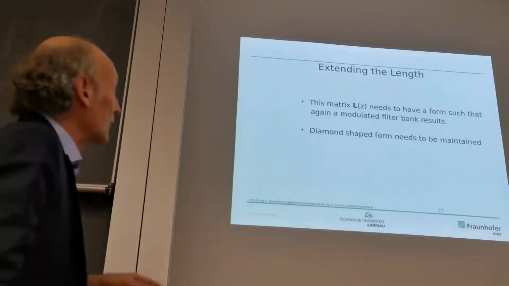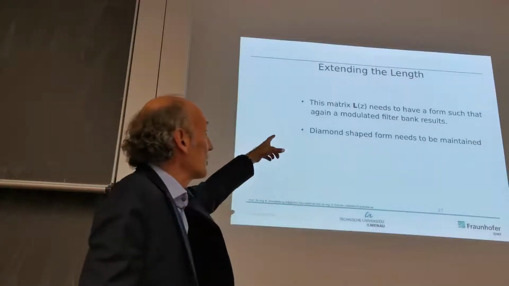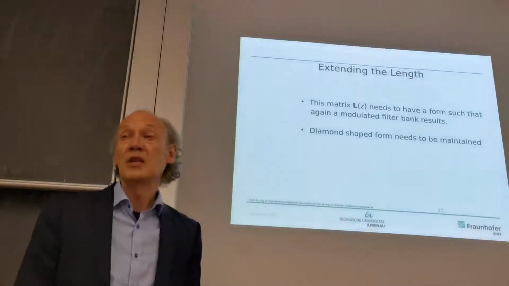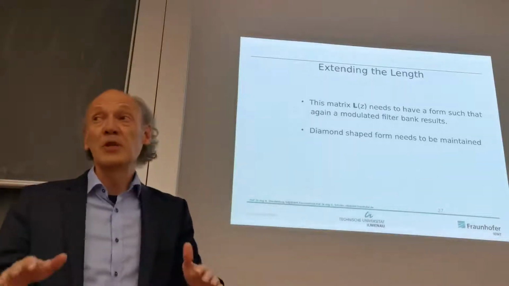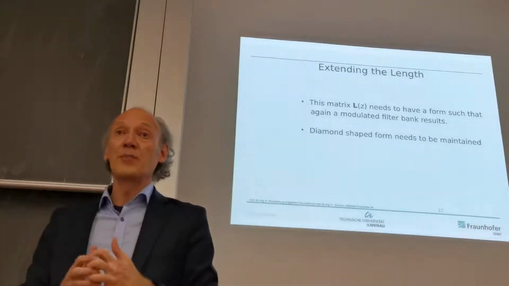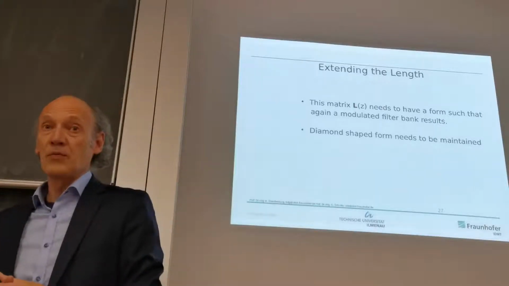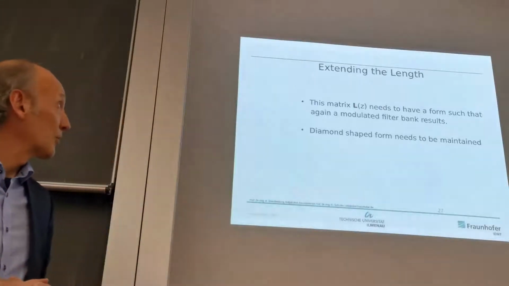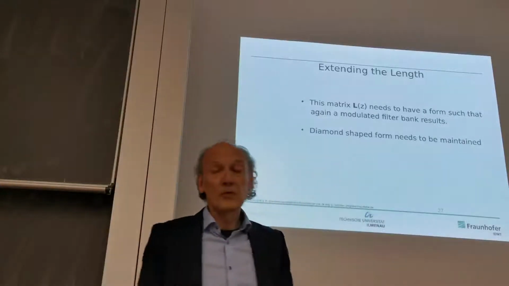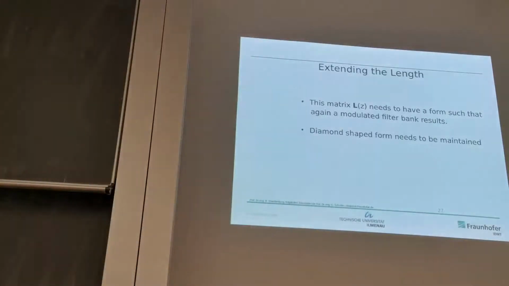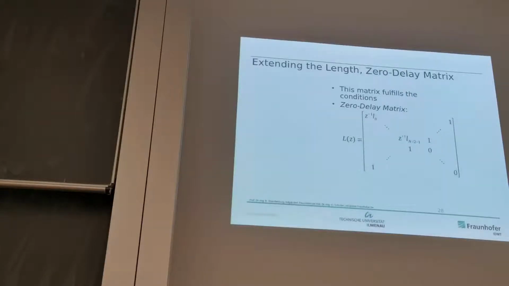So this matrix L needs to have a form such that we again obtain a modulated filter bank. So we want to keep this diamond-shaped form for the resulting filter matrix. This needs to be maintained, otherwise we don't get a cosine modulated filter bank.